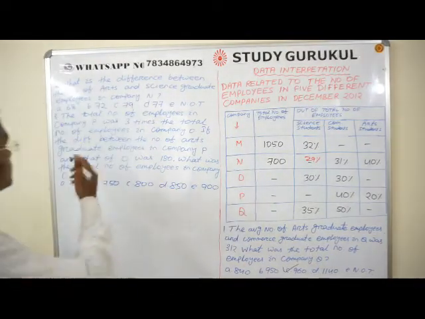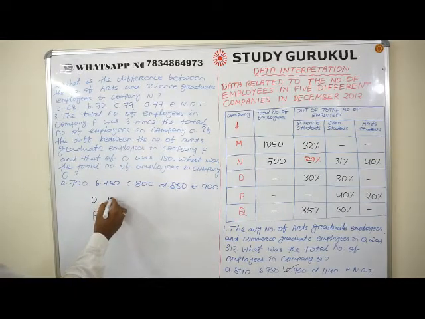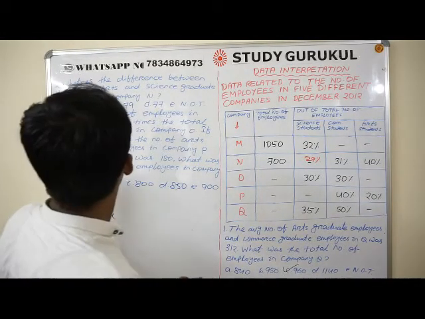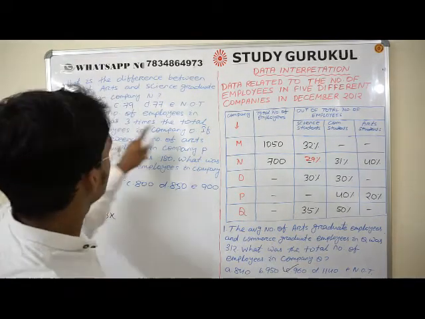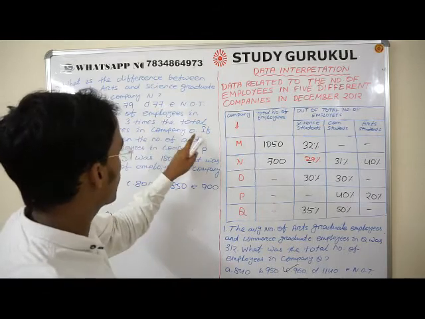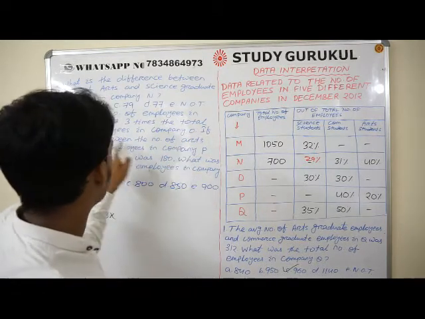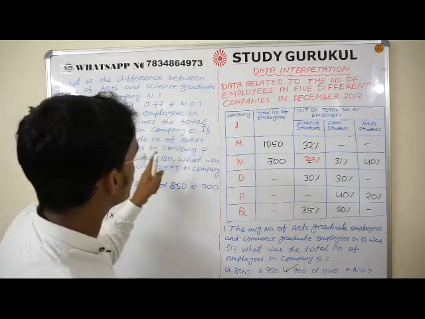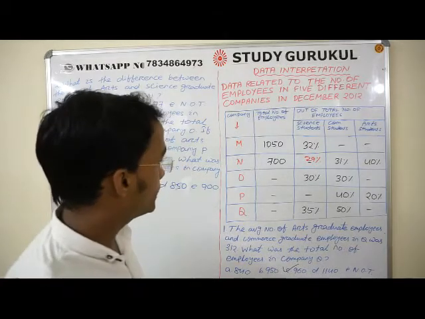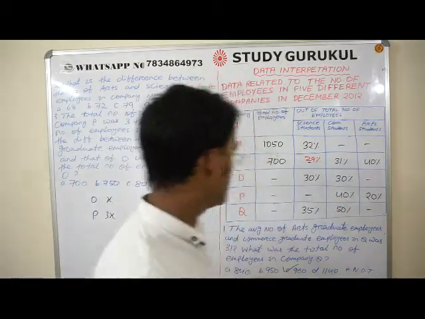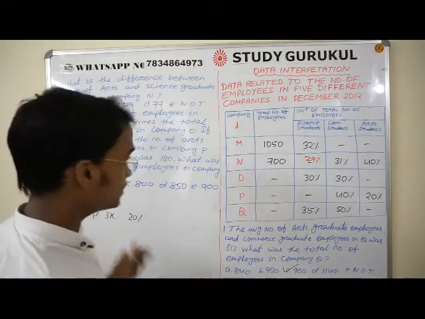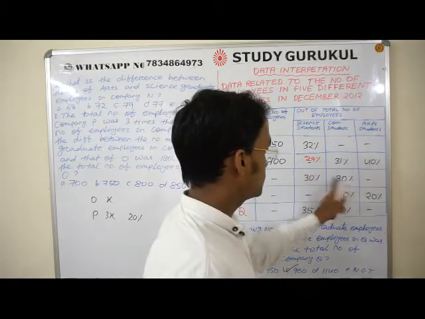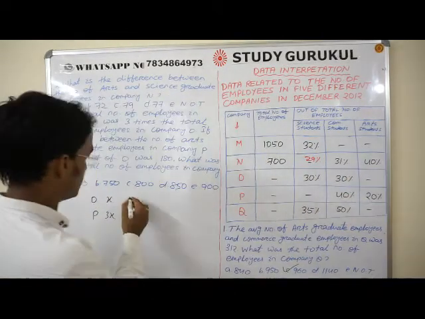Okay, so if O is x, P is 3 times, so it is 3x. Given 3 times the total number of employees of O. If the difference between the number of arts graduate employees of company P, arts graduate of P is 20%. So what is the arts graduate of O? This is 60%, so 40%.